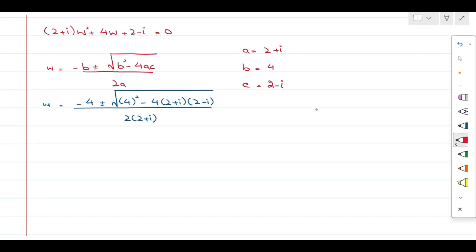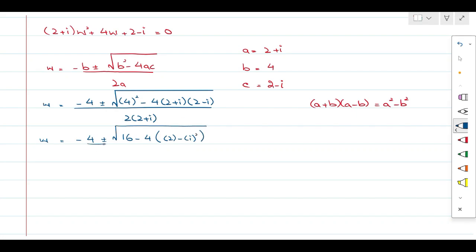Okay, now here we use the difference of squares formula: a plus b into a minus b equals a square minus b square, right? So this is (2 plus i)(2 minus i), 2 square minus i square. w is equal to minus 4 plus minus square root of 4 times 4 is 16 minus 4, we have 2 square minus i square, everything divided by 2 times 2, 4 plus 2 iota.